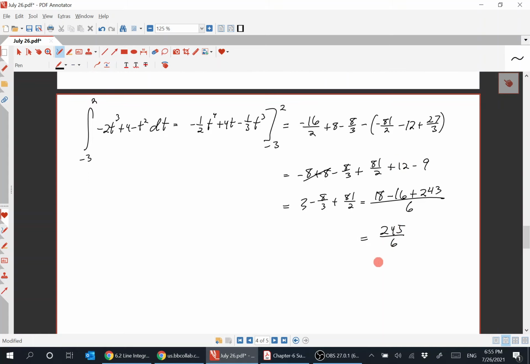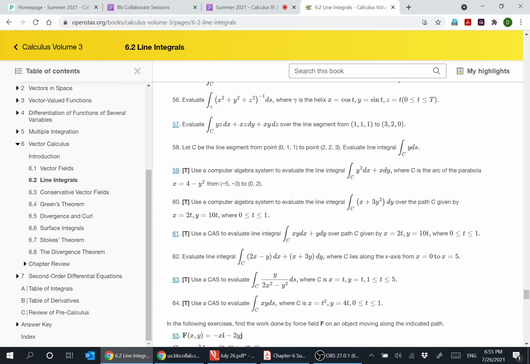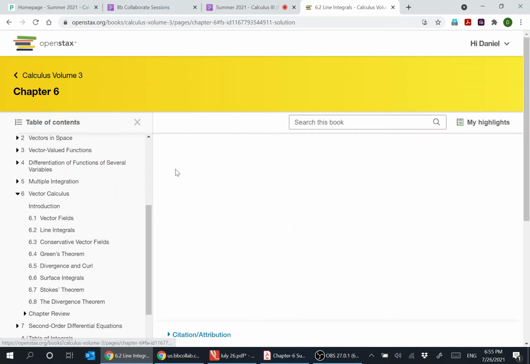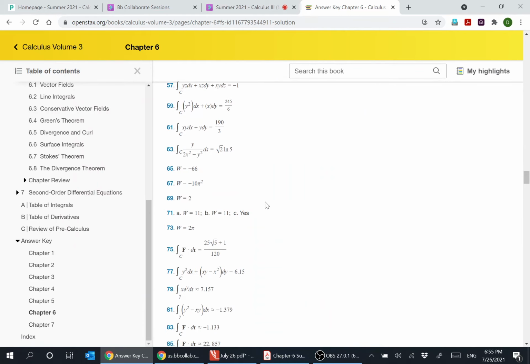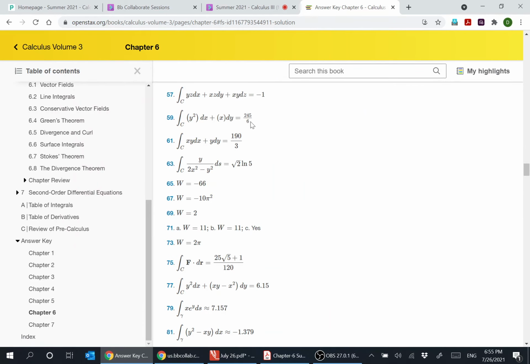I don't know if that reduces. Is it divisible by 3? No, it does not. So 245 over 6. Check, make sure we got the right answer there. Yeah, 245 over 6.